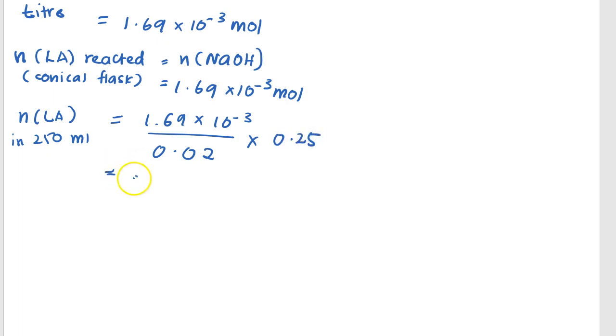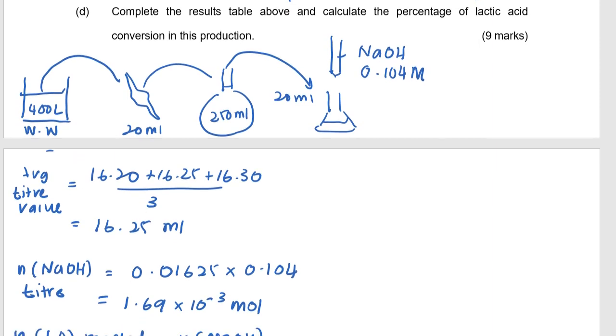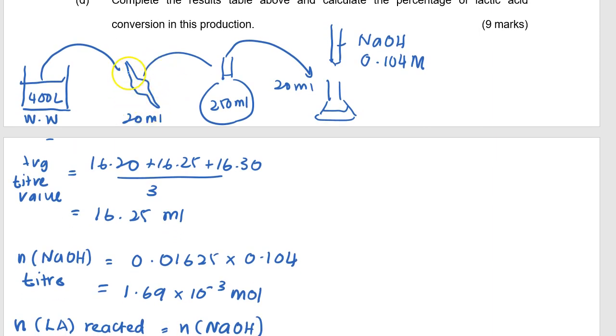So you will get 0.021125 moles. This is the number of moles of lactic acid present in your volumetric flask. Now again, you have to go one more step back, which is the number of moles of lactic acid in this 20 ml undiluted wastewater.